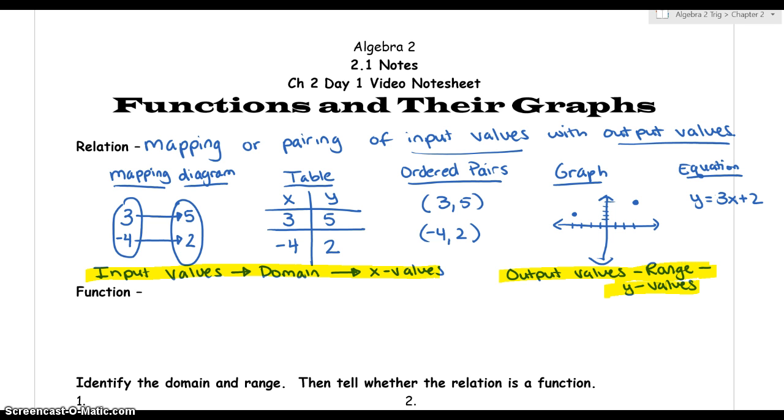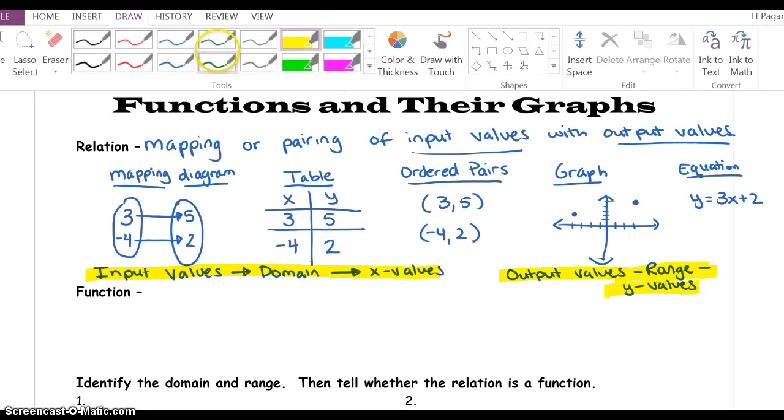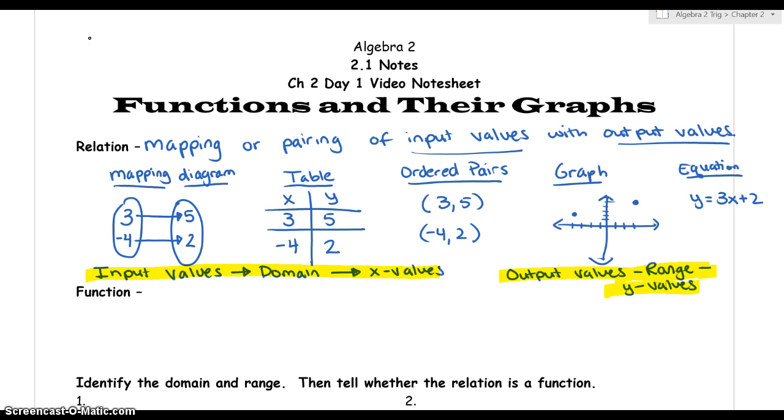Alright, let's head on to what is a function. The definition of a function is pretty simple. It is this idea that if I have a function, then I should have one output for every input.